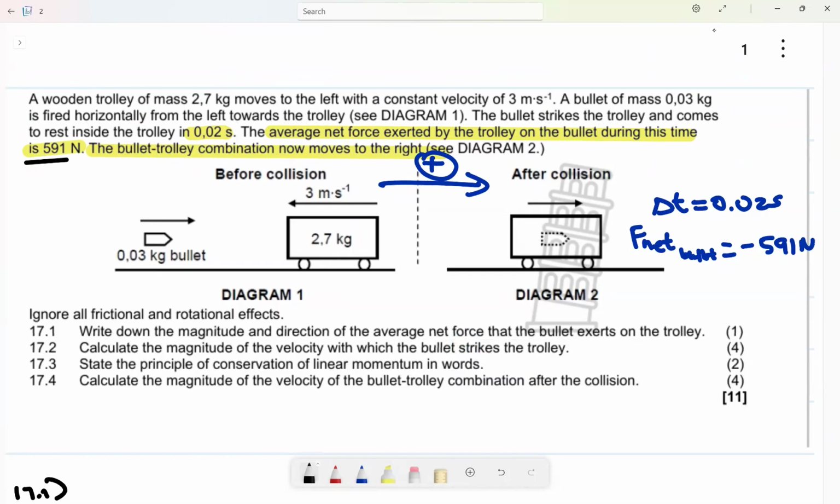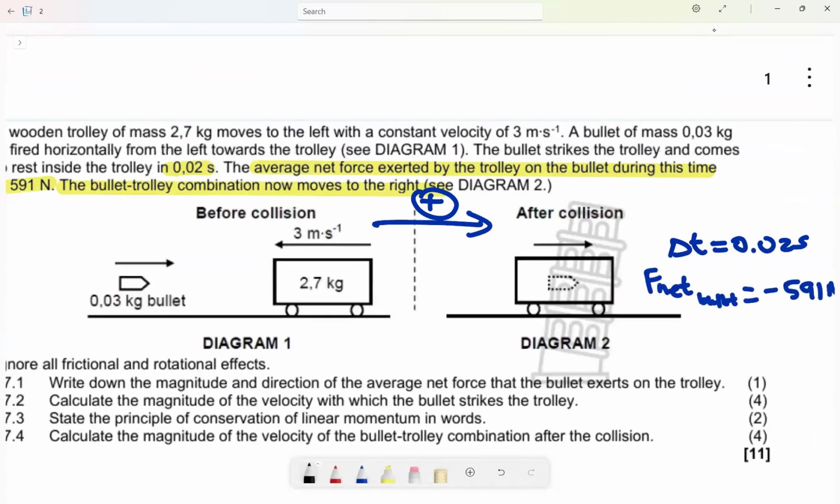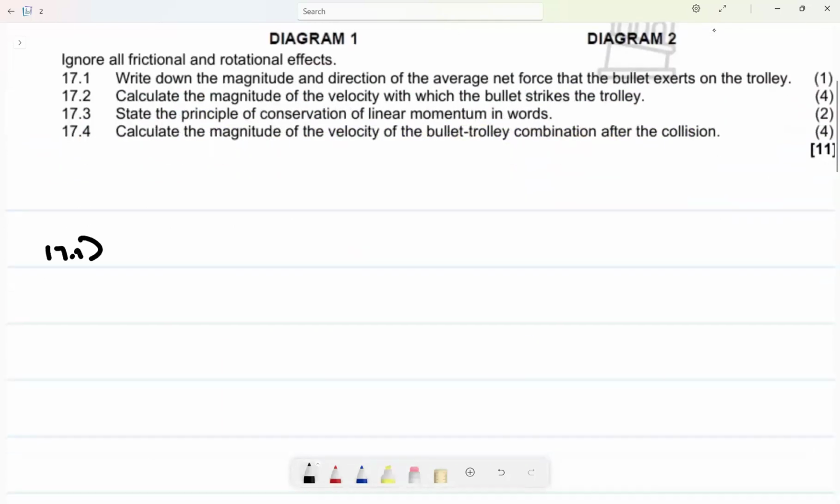It will be opposite of that, right? The magnitude will be the same. The magnitude will be the same, which is 591. So for magnitude and direction, the force is the same, 591 newtons.